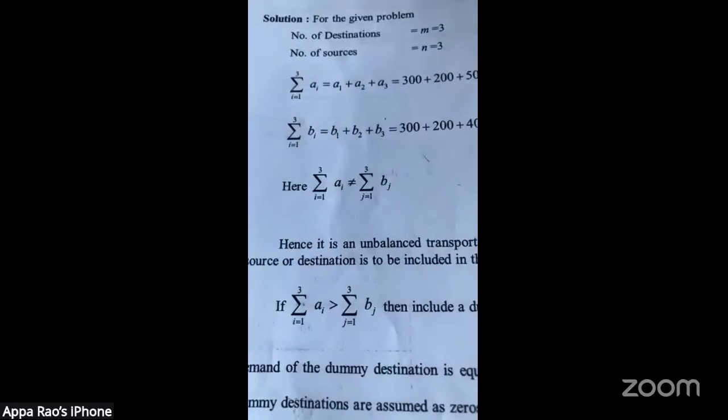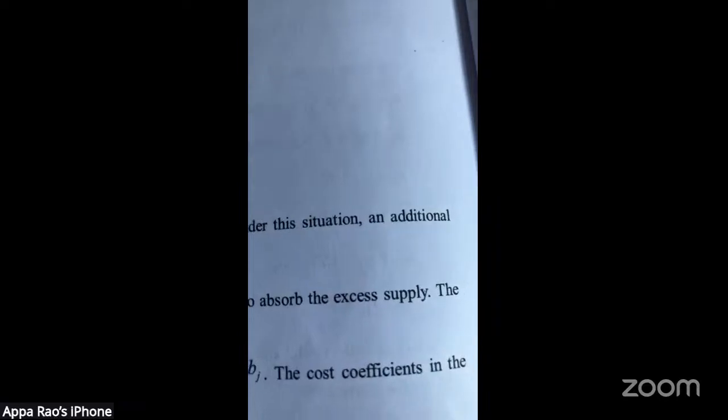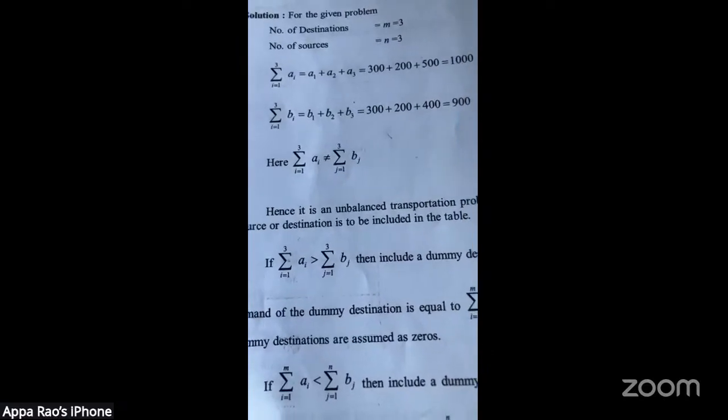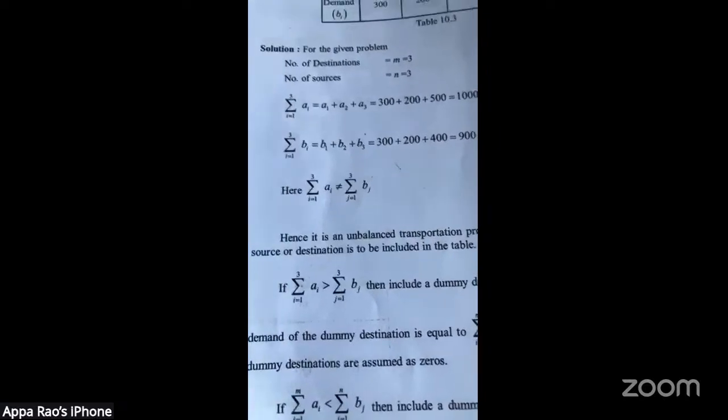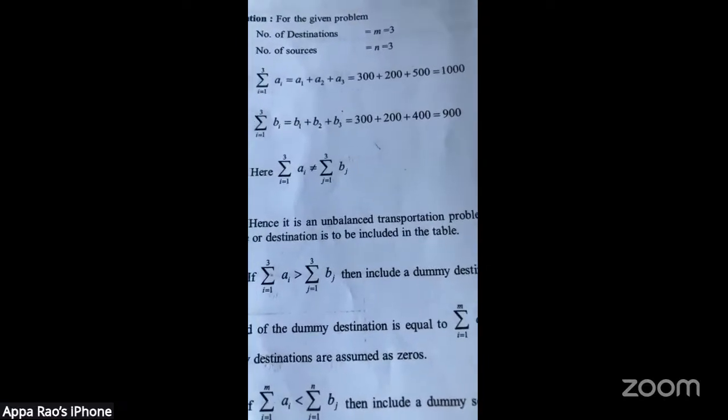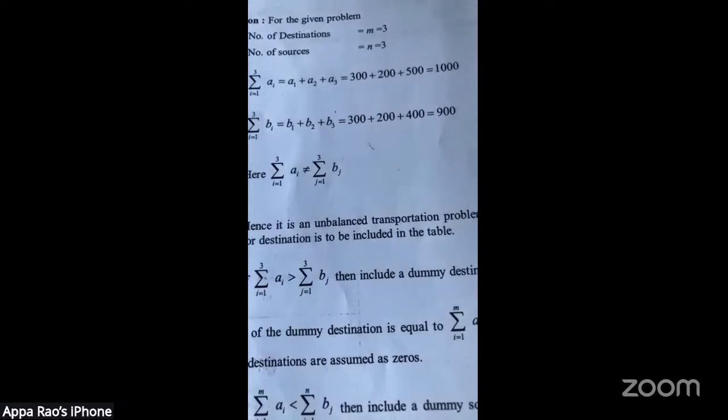Here it is an unbalanced transportation problem. Under this situation, an additional source or destination is to be included in the table. If the sum of ai is greater than the sum of bj, where ai is supply and bj is demand.